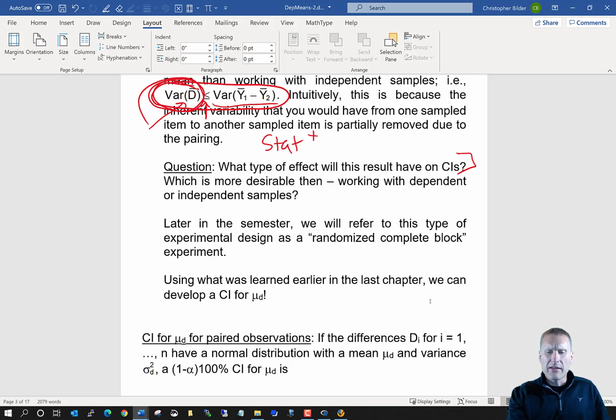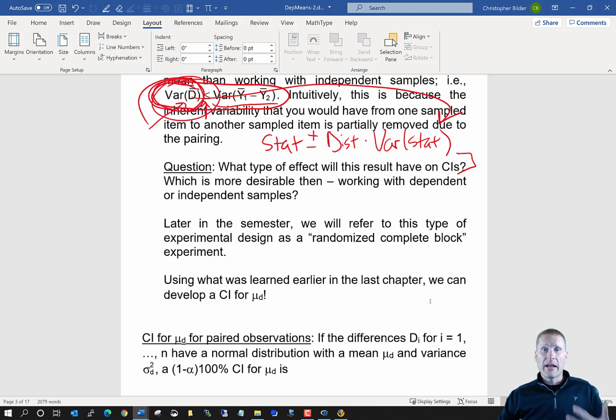We take a statistic, and we plus and minus a quantile from a distribution, like a t-distribution, times the variance of that statistic. And so if the variance of my statistic is now smaller than what it would have been if I had independent samples, think about the effect that's going to have on the confidence interval.